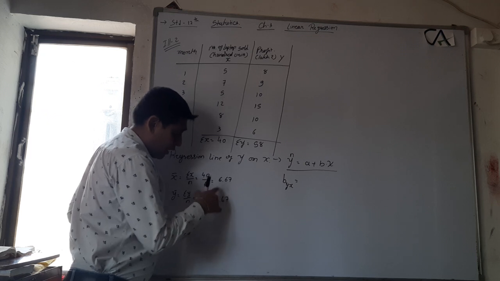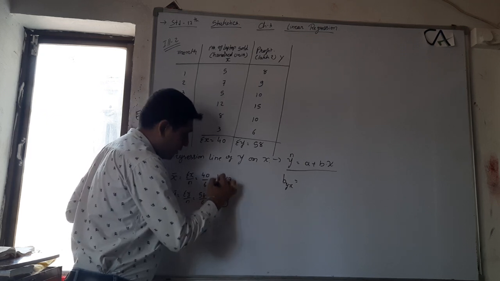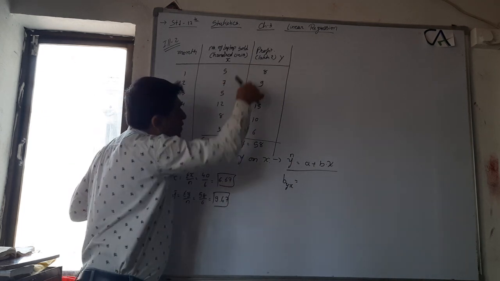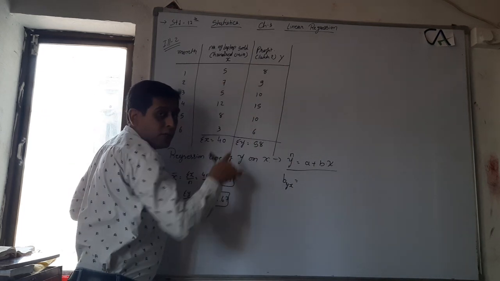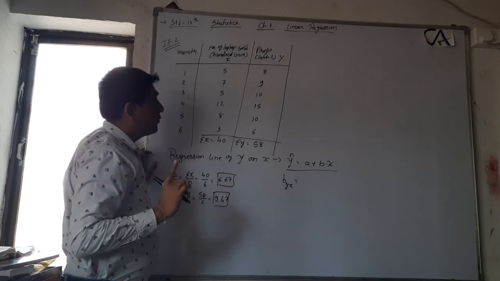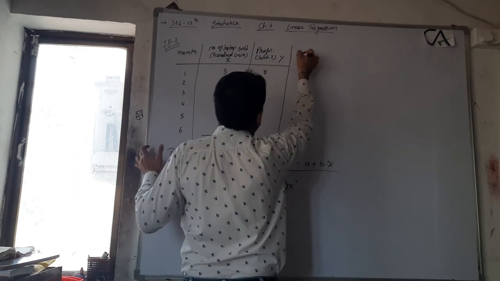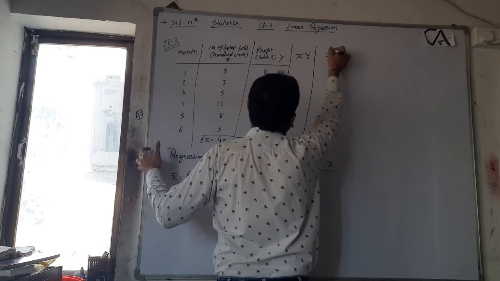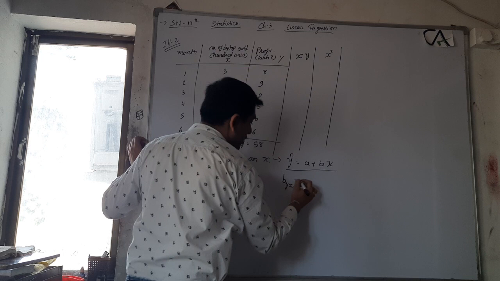Okay, both are in fractions, and all the observations are below 20, so we have to take the regular, that is the direct method, with x, y and x square. So what is the formula?